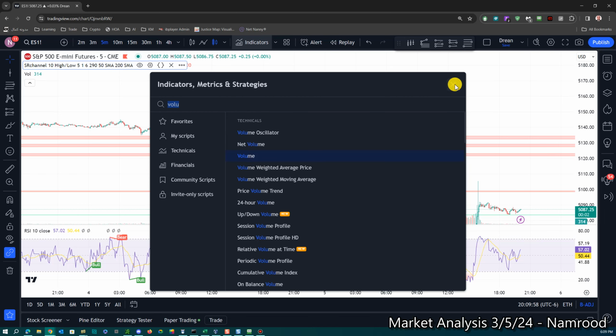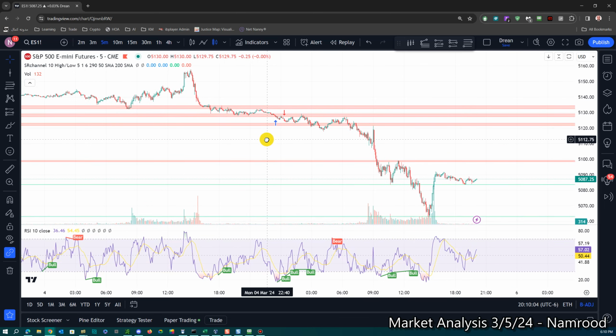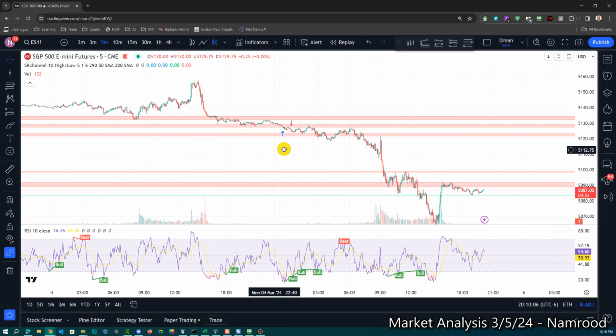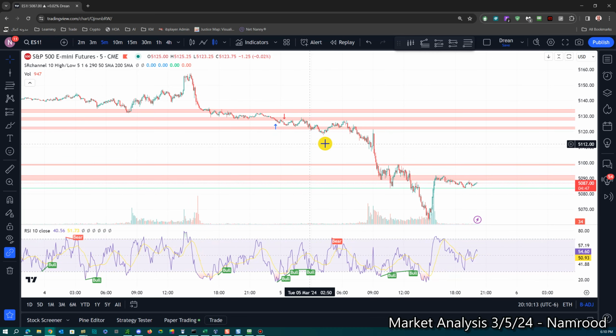Yeah, put the volume too. Fine. So these are the 3 basic indicators that you need to put there. Okay, so this is just a review on how to set up TradingView.